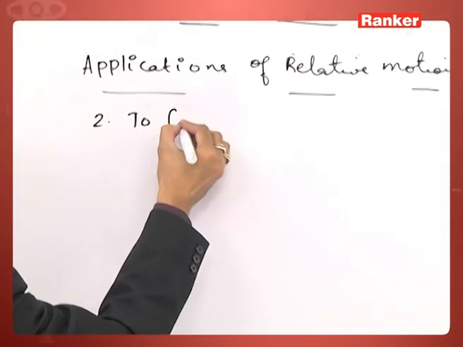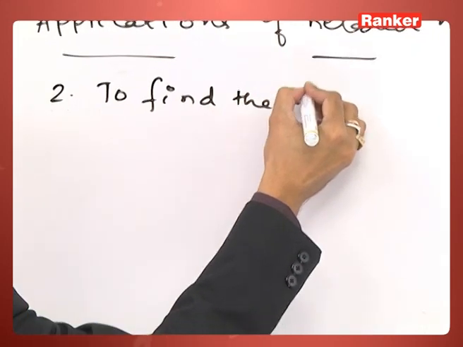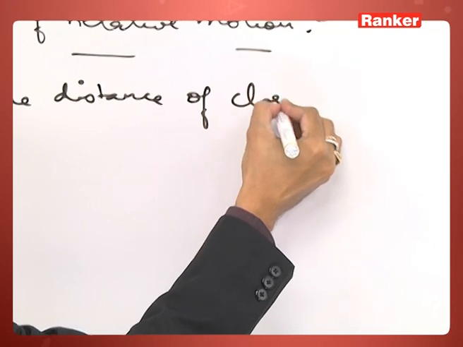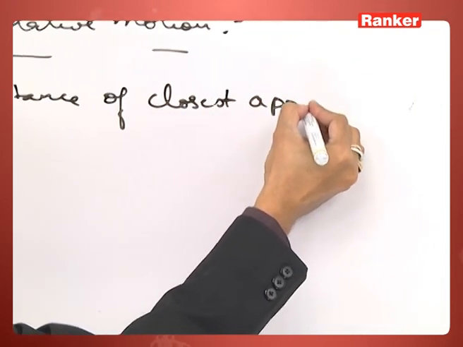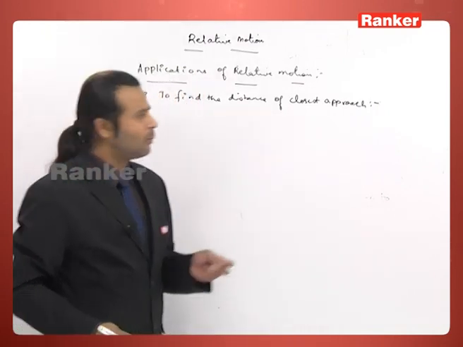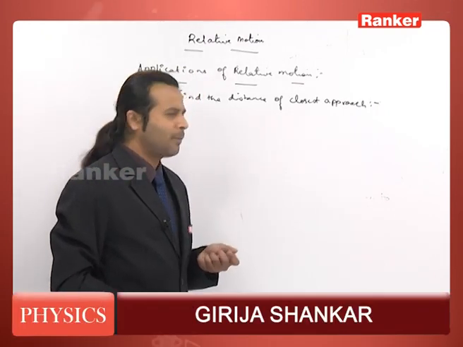Now to find the distance of closest approach, there are several ways to find it.